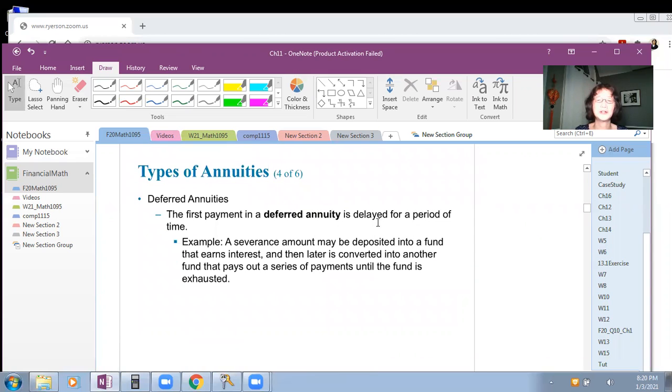A deferred annuity is an annuity that is delayed for a period of time. For example, a severance amount may be deposited into a fund that earns interest, and then it is converted into another fund that pays out a series of payments until the fund is exhausted.